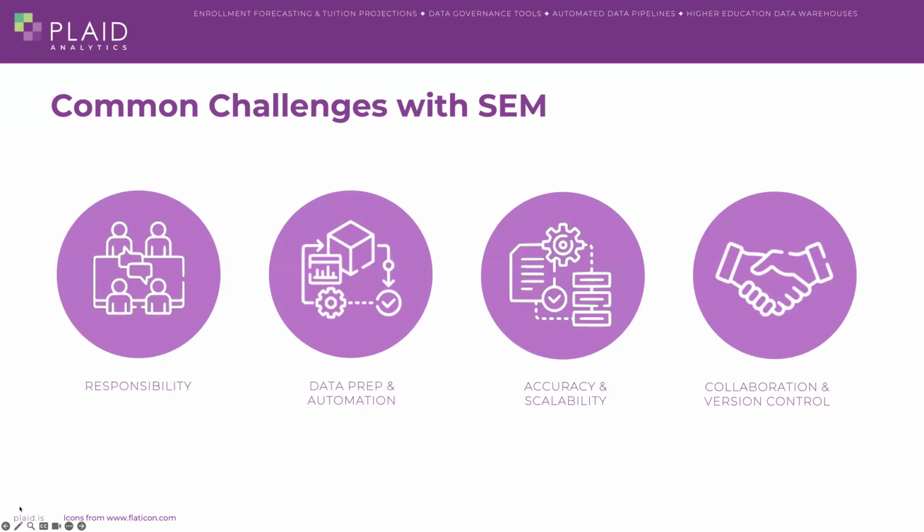We also often see challenges around data prep and automation. A lot of institutions prepare their data manually for the enrollment forecast. Even if it's automated, the process of rolling over from one year to another tends to be a little bit complicated.